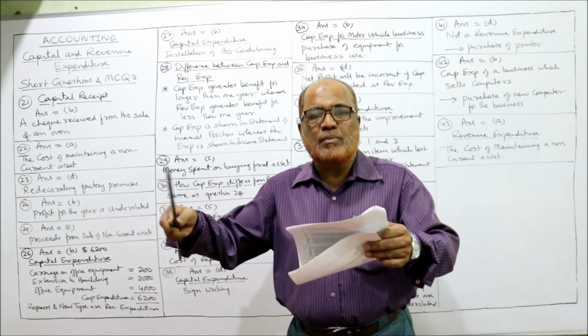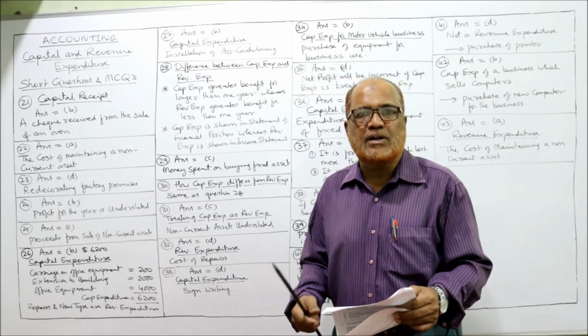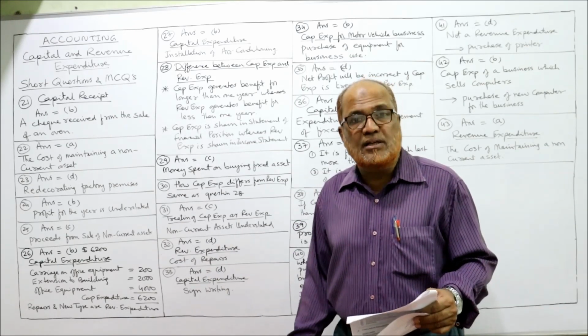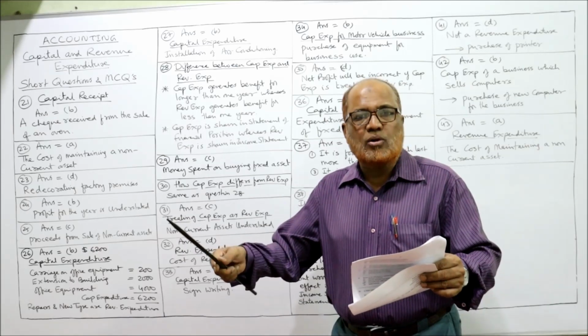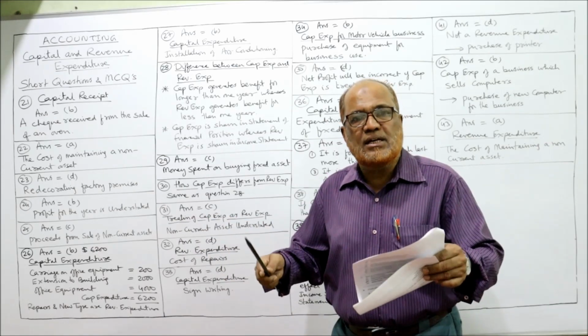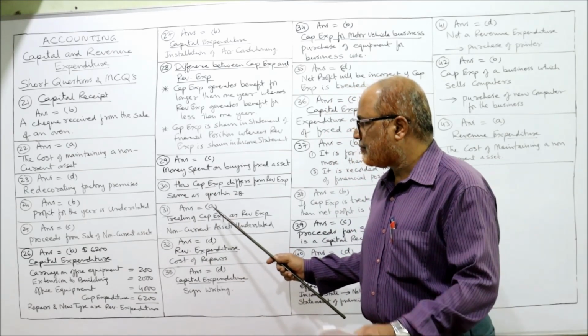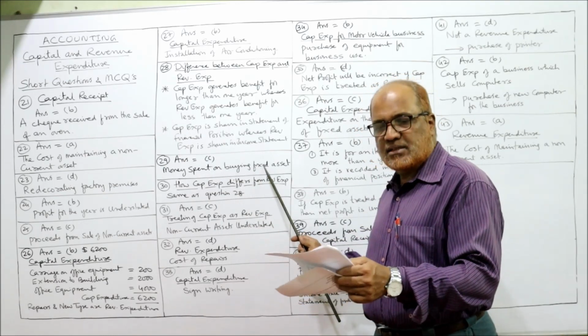Sale of fixed assets, money received is a capital receipt, not capital expenditure. Third one, money spent on buying fixed asset. Yes, it is a capital expenditure. Money spent on buying a fixed asset is a capital expenditure. So C is correct. 29th, C. Money spent on buying fixed asset.